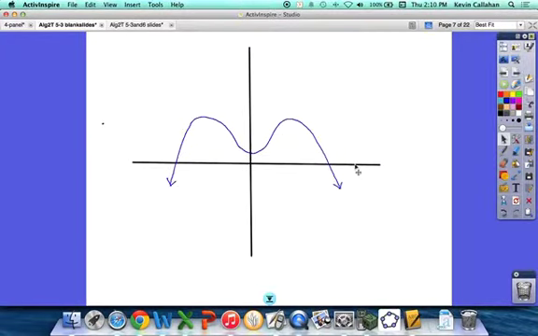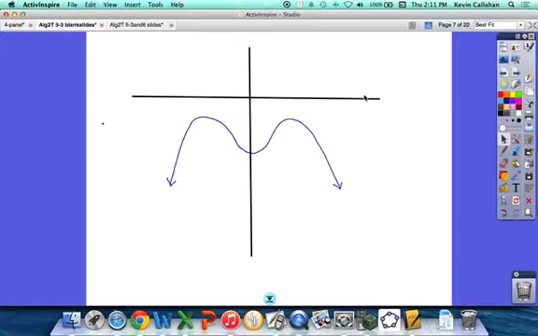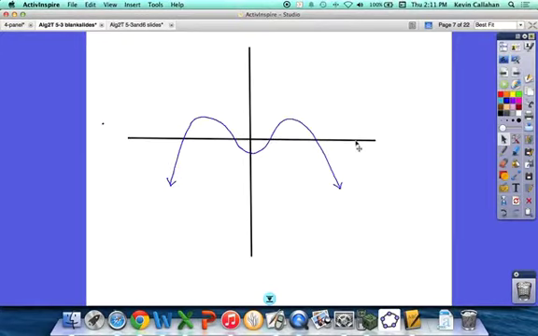Or there could be 0. It might stay all on one side of the x-axis. It never crosses, right? What we're trying to find today are the real solutions. That's all we can do with the calculator, because the calculator is showing us x-intercepts, and everything on the x-axis is a real number.